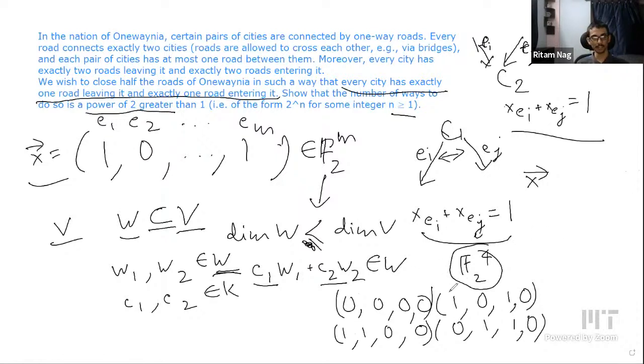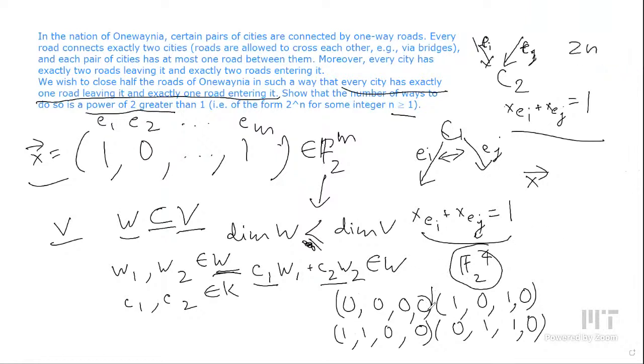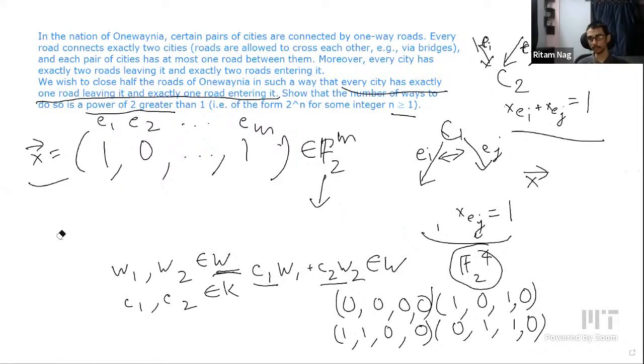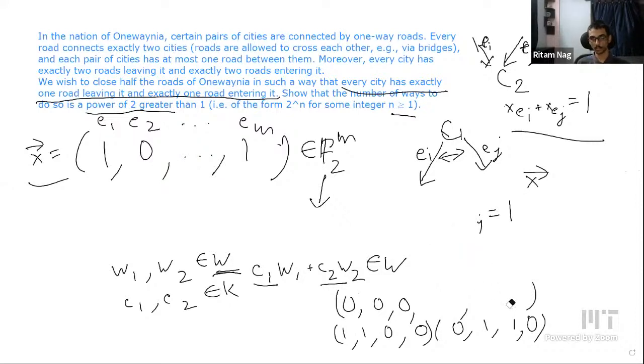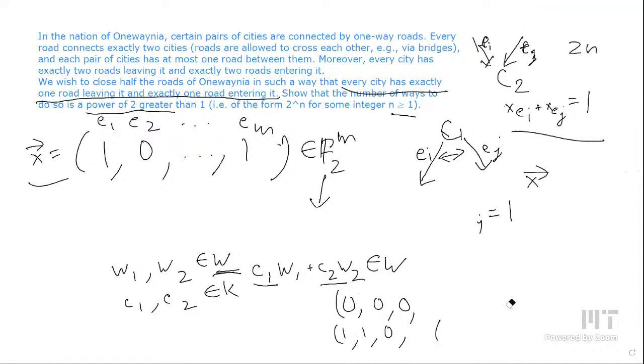Is the definition of a subspace clear? Yeah, clear. But I don't think the solution set would be a subspace because, for example, 0 plus 1 is 1, 1 plus 0 is 1, but if we add the two solutions, we get 2, which is not equal to 1. No, but 1 plus 1 is 0, right?